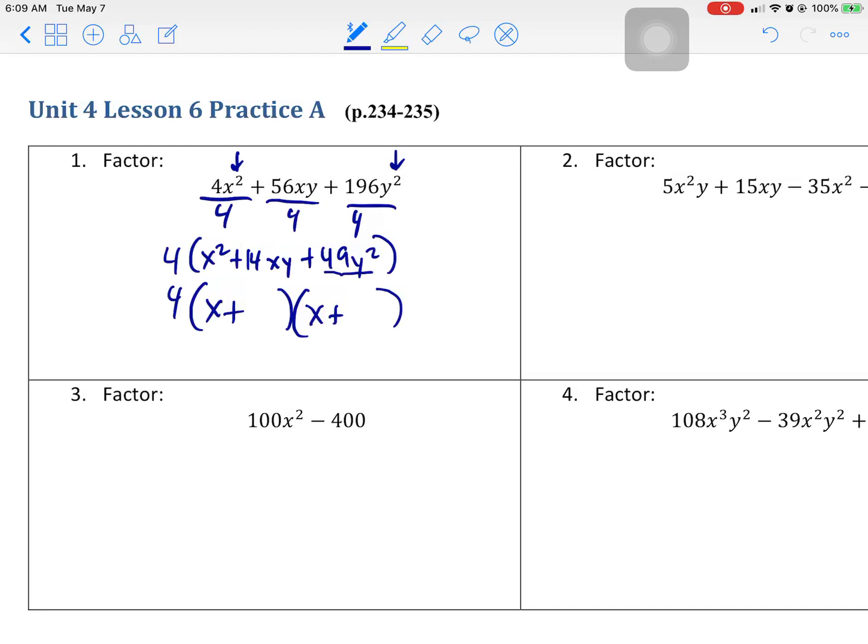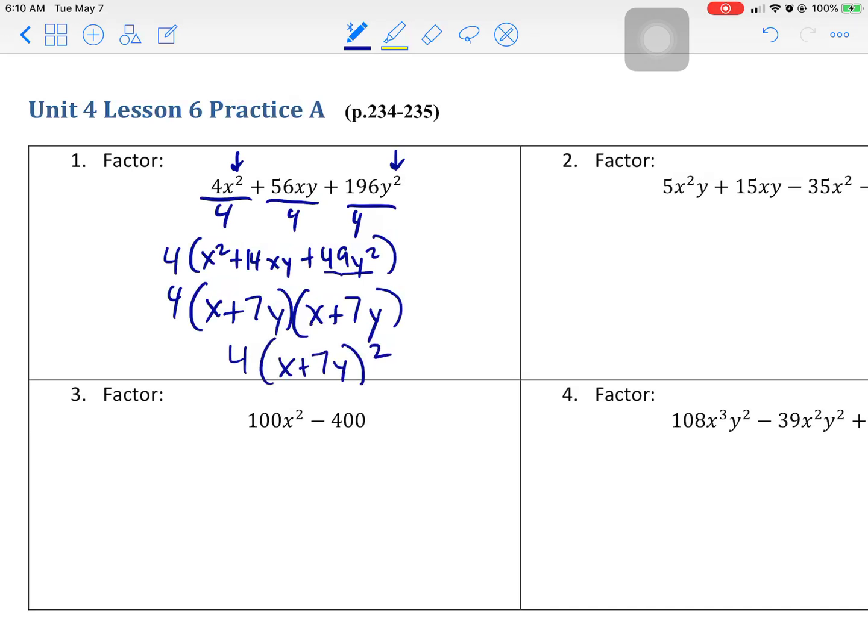And then we look at C, and 49 is a perfect square. So I'm going to try a 7 and a y. And you can FOIL these back to check, right? x times x is x squared. 7x plus 7x is 14x. And then 7 times 7 is 49. So we're good.